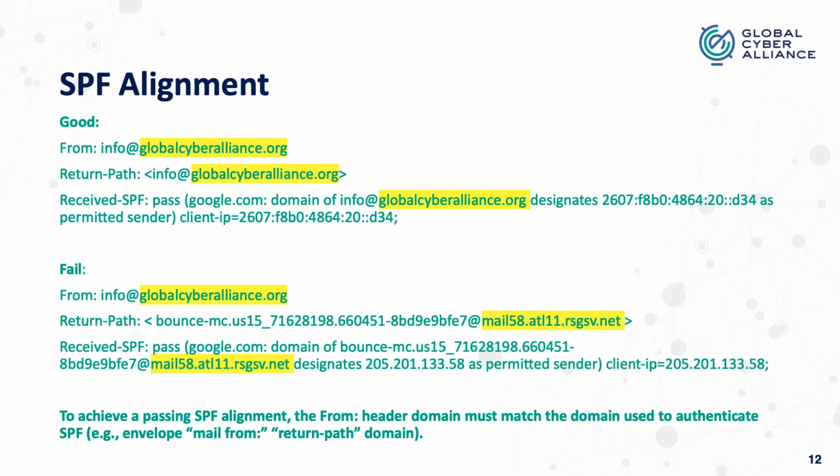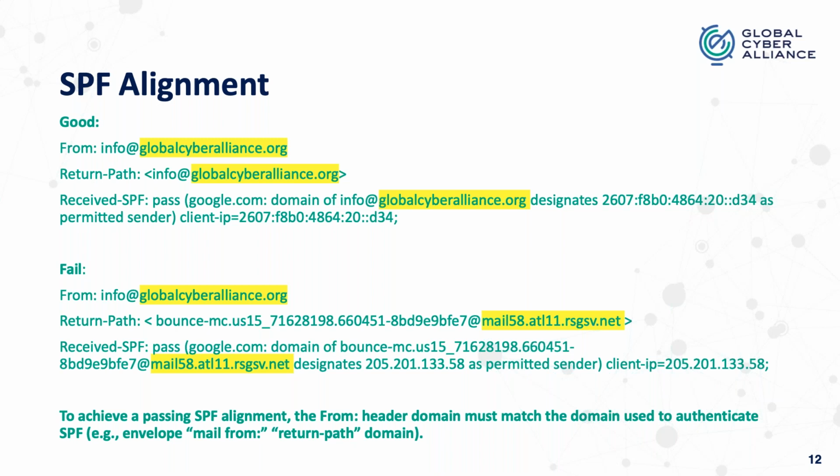SPF also passes, because the received SPF check looks at what IP addresses are associated with the domain globalcyberalliance.org. In this case it checked the IPv6 address for Google, and everything matches up.